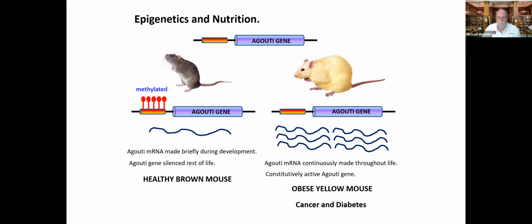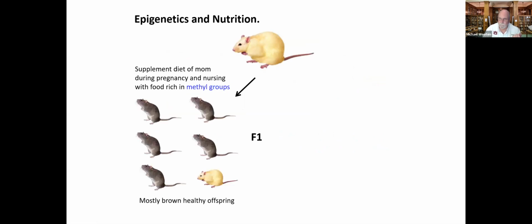Okay. Well, epigenetically, so what? Well, it turns out that if you take one of these obese mice, these agouti expressing mice, and you supplement them with methyl groups, so you give them food that's rich in methyl groups, right? Then they will make mostly good, healthy offspring. Most of their offspring will be healthy.